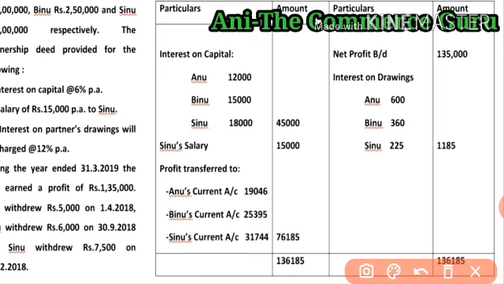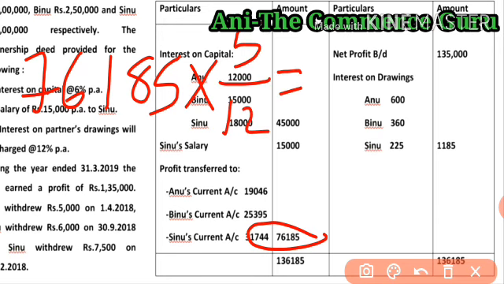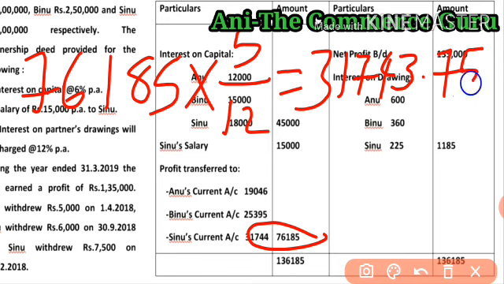Then we have to calculate Sinu's share. The divisible profit is 76,185 into Sinu's share, which is 5 divided by 12. So it comes to around 31,743.75.